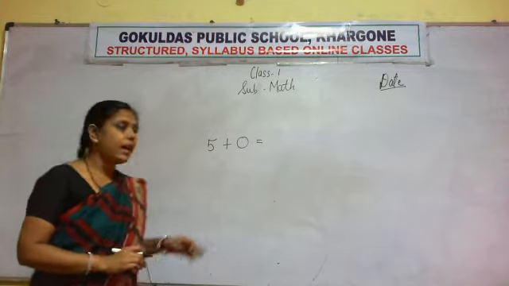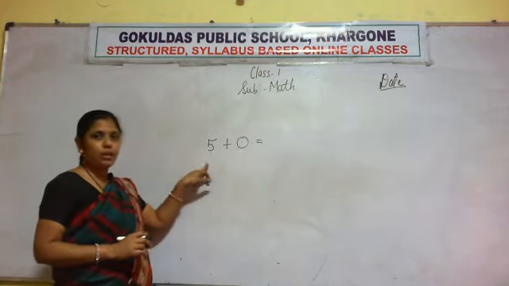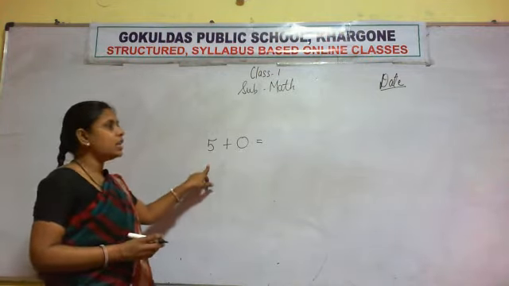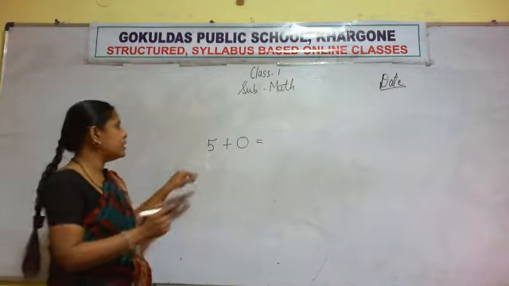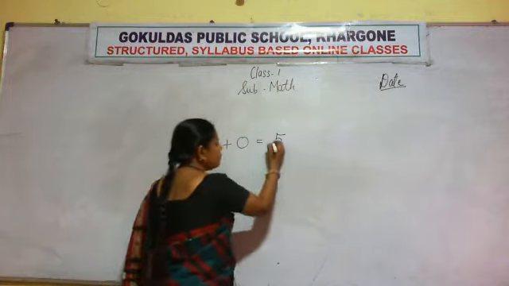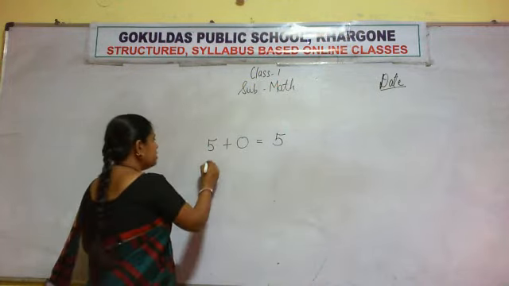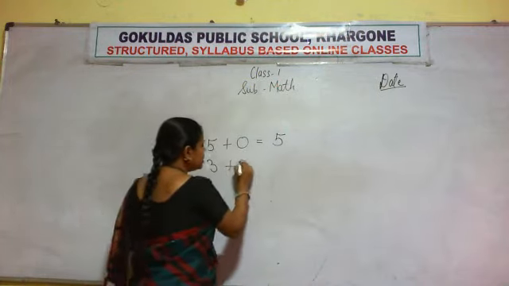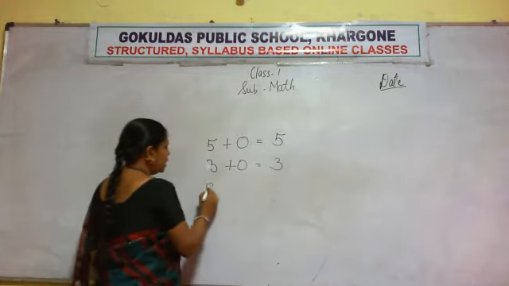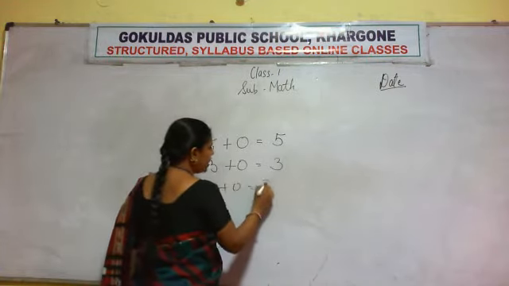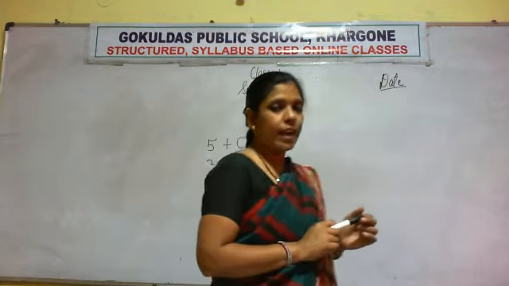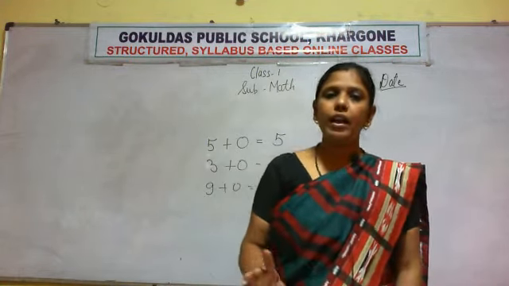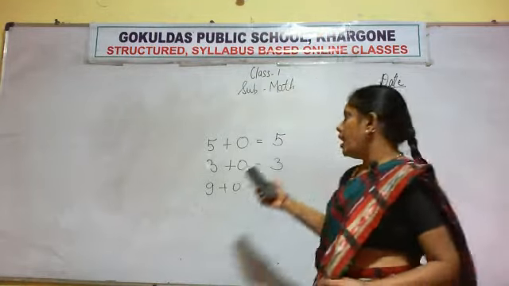We get the number itself as an answer. So 5 plus 0 will be 5. Similarly, 3 plus 0 will be 3. 9 plus 0 will be 9. So this is the property of addition: whenever we add 0 to any number, we get the number itself as the answer.